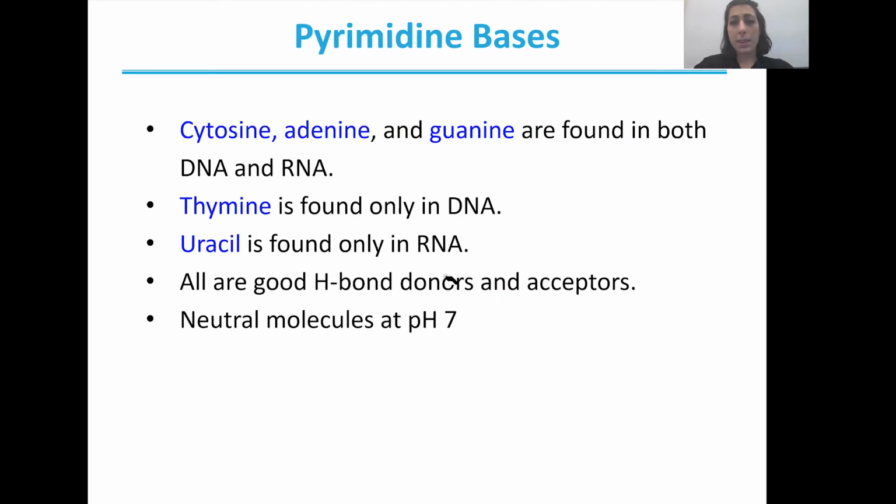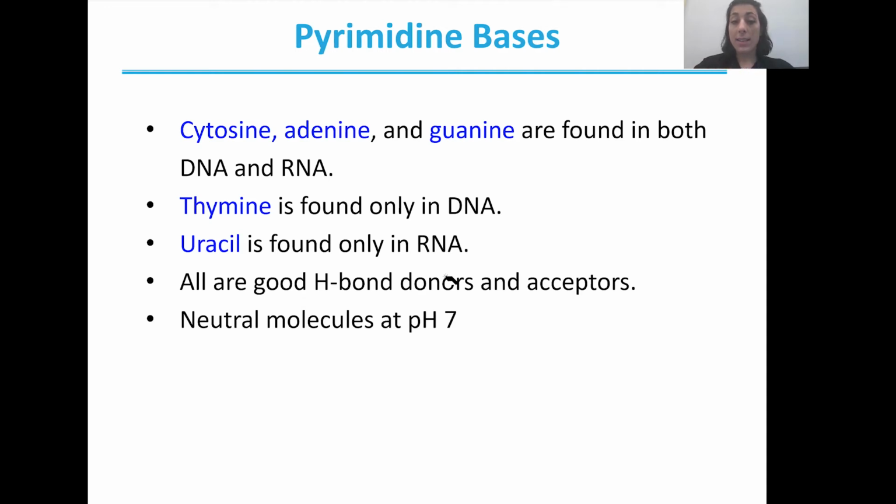Now, the actual bases themselves are categorized based on small differences between their forms. Within the pyrimidine bases and the purine bases, we have a total of 5 commonly seen bases.